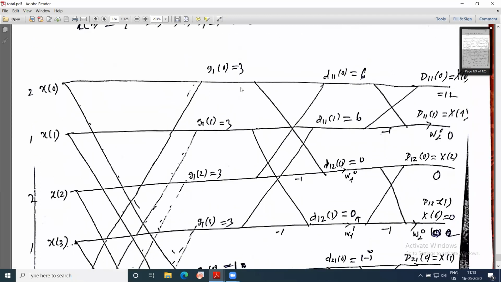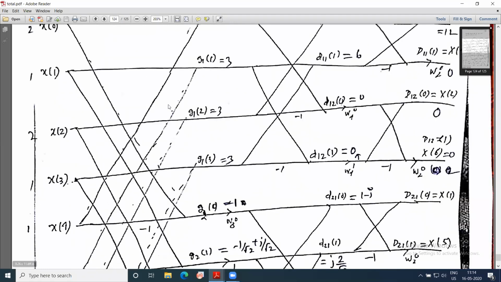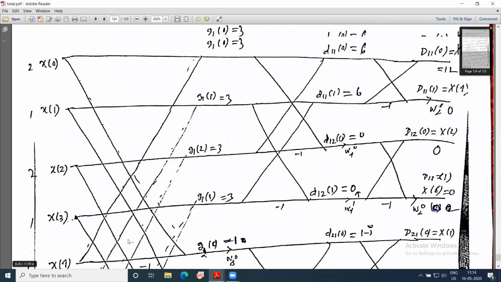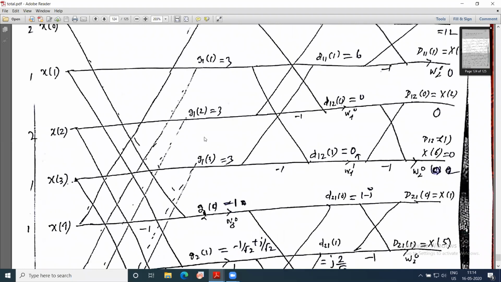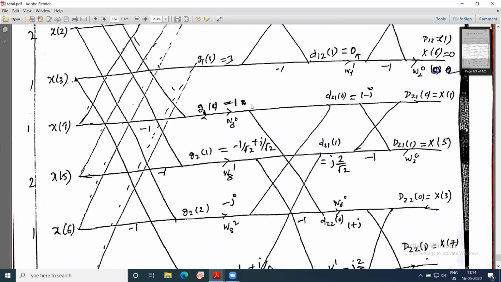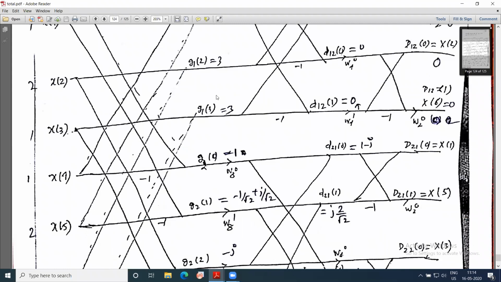So x0 plus x4, if you see, this will be equal to 3. Then this will be x1 plus x5, so this will be equal to 3. Now x2 plus x6 will again be equal to 3, and this is equal to 3. So at this point of the first stage you are having 3.